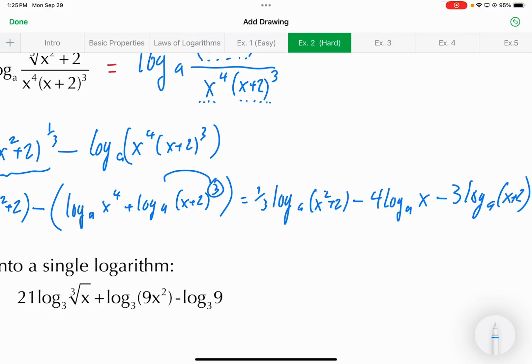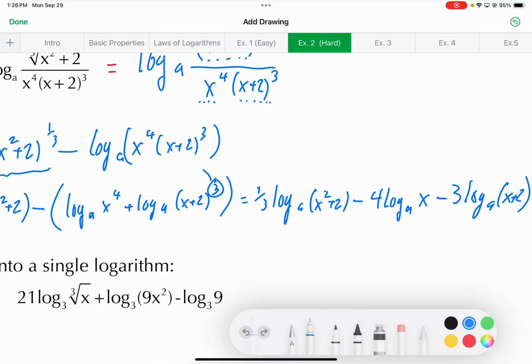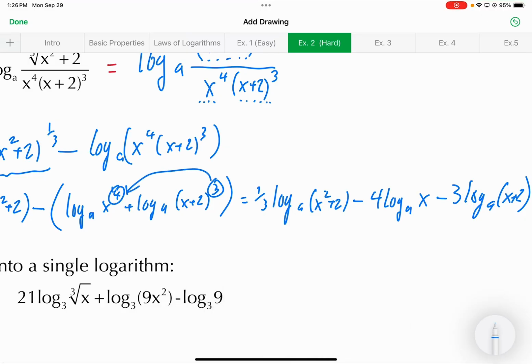So again, these exponents are going to come out in front, and I have to distribute that subtraction sign right there as well. So that's what I would end up with. All right? Are we okay?